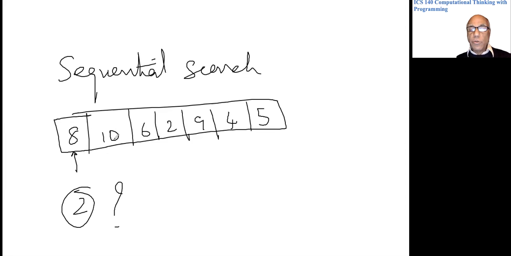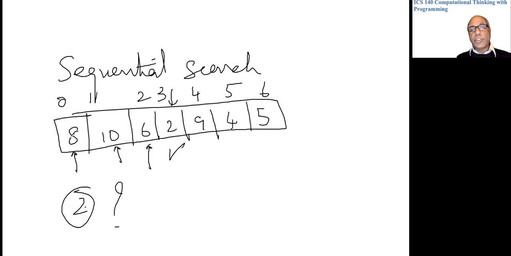No. Then you go to the next one. Is that equal to 2? No. Then you go to the third element. Is that equal to 2? No. Then you look at the next element. Is that equal to 2? The answer is yes. So you found 2. And then you say, maybe I found it as the fourth element, which is index 3. These are indices, right? 0, 1, 2, 3, 4, 5, and 6. So this is at index 3.